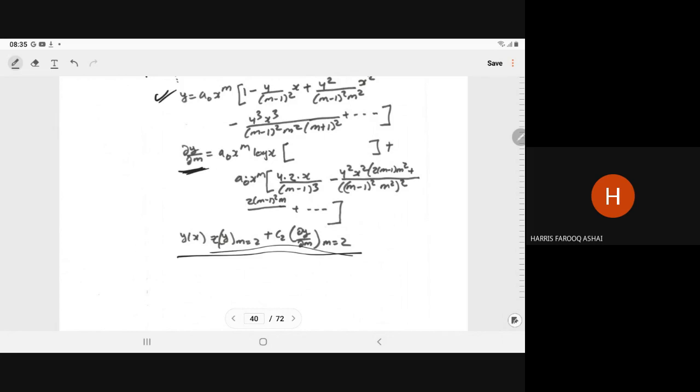So our general solution will become C1 y for m is equal to 2 plus C2 del y by del m for m is equal to 2. This is the Frobenius series solution, but this second part is not a Frobenius series. That is the logic here.